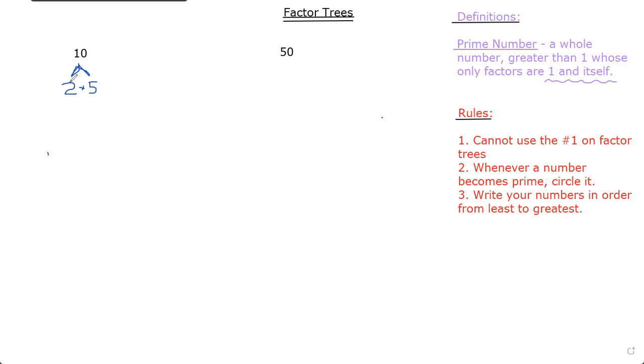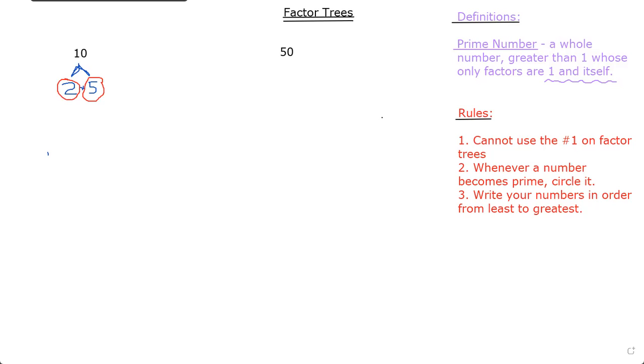The next thing I ask myself is, is the number 2 prime? Well, yes, it is prime. So I'm going to go ahead and circle it. Is the number 5 prime? Yes, it is prime because it can only be multiplied by 1 and itself. I have finished the factor tree for number 10.